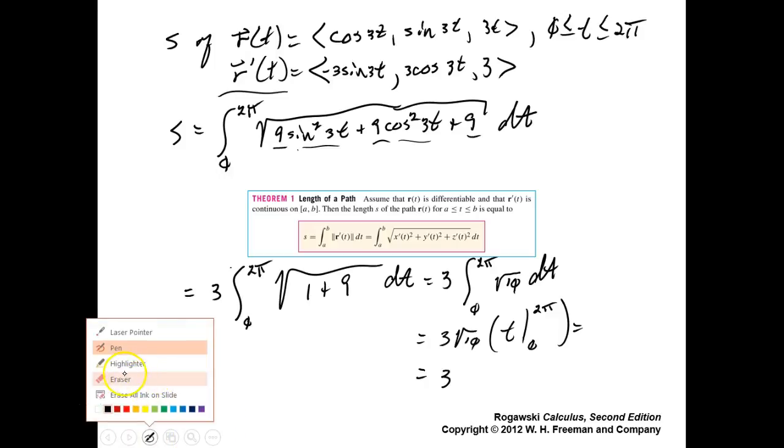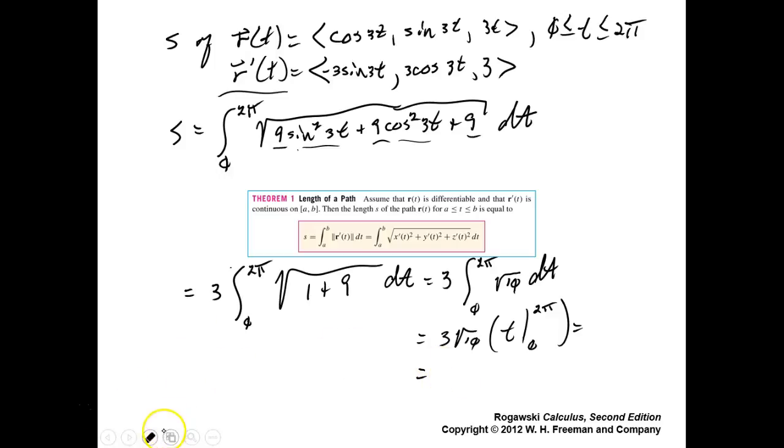I think probably 6 pi root 10 would be the best way to write it. That's a strange number, but 6 pi root 10, that's it.